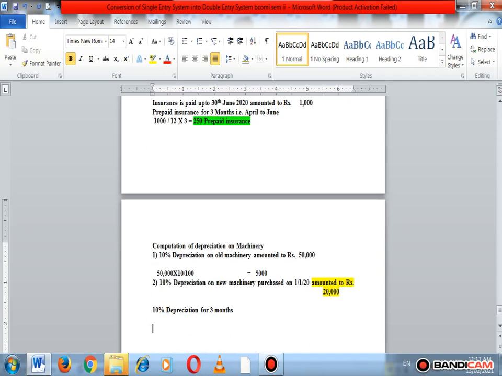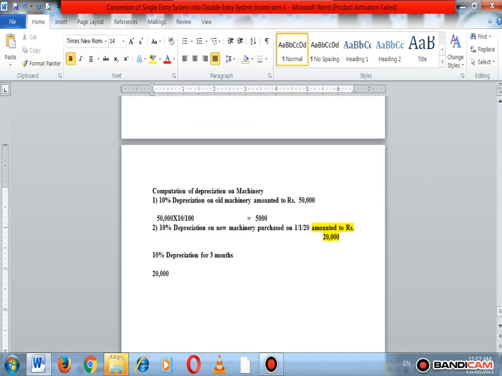So here 20,000 into 10 divided by 100, into 3 divided by 12.